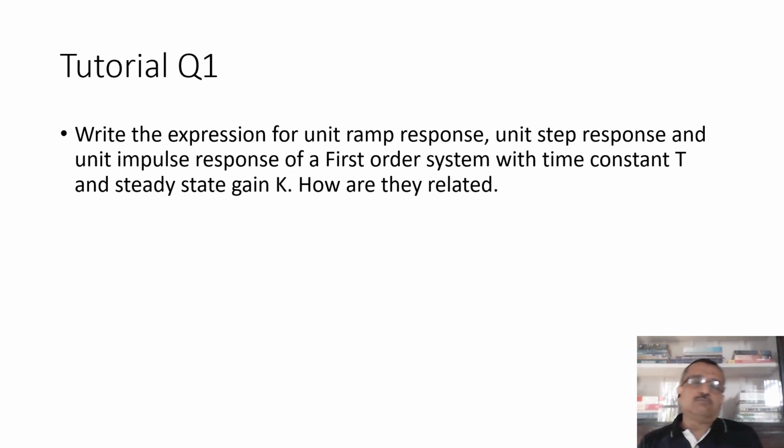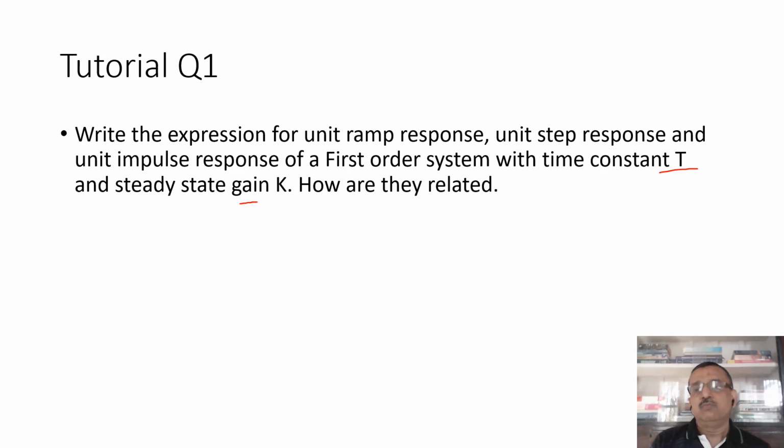So I want you to do this tutorial. At random, I will ask you in Friday's class to read this question and write the answer: the expression for unit ramp response, unit step response, and impulse response for a first order system with time constant T and steady state gain K. This all of you know.